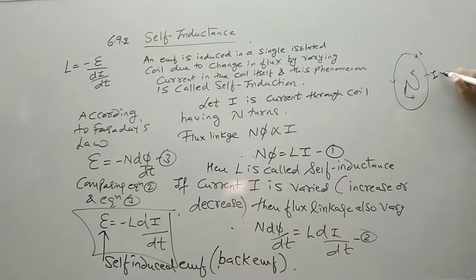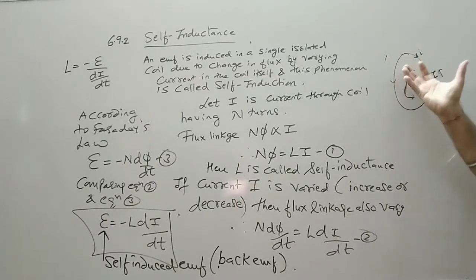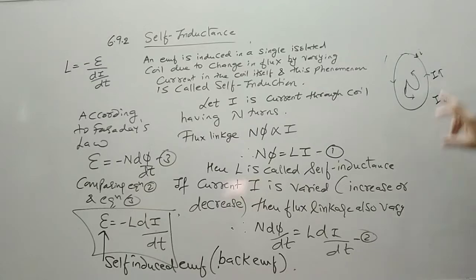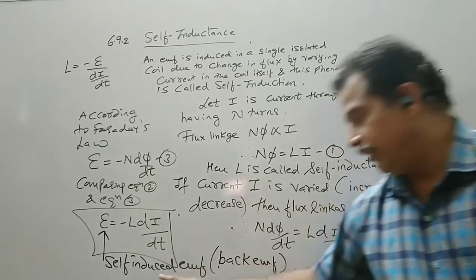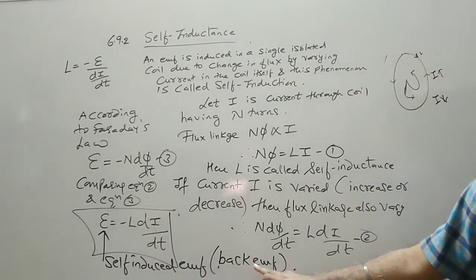That is, if I try to increase it, it flows opposite. If I try to decrease I, then it will flow in the direction which was initially in the coil. So it will always be opposite to our applied current. So self-induced EMF is also known as back EMF.